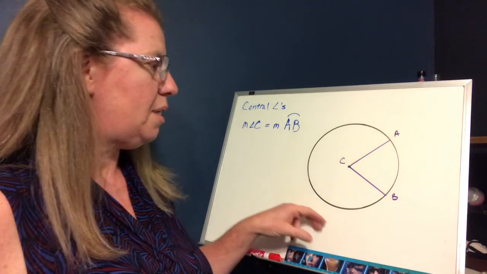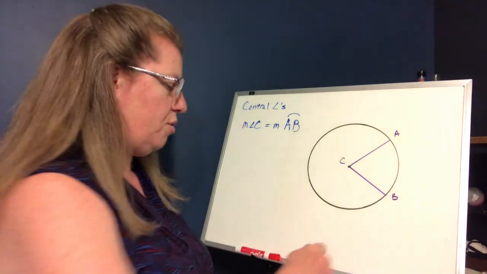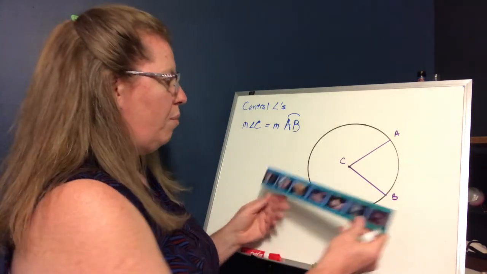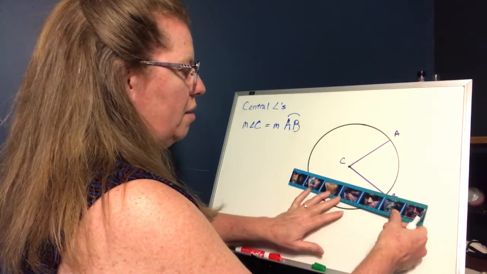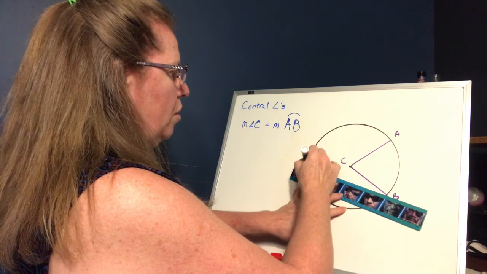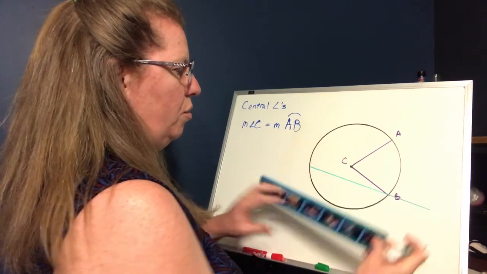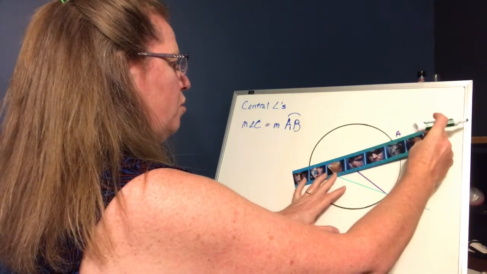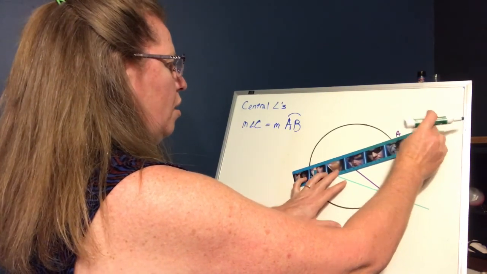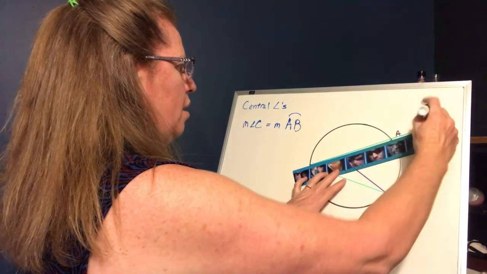But what we're talking about today is inscribed angles. So I'm going to draw an inscribed angle by drawing 2 rays. I'm just going to pick a point here, one that starts on the circle and goes through a point here. I'm trying to create that same arc AB.